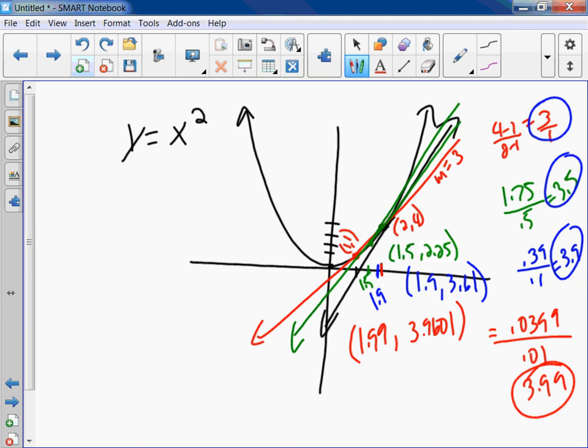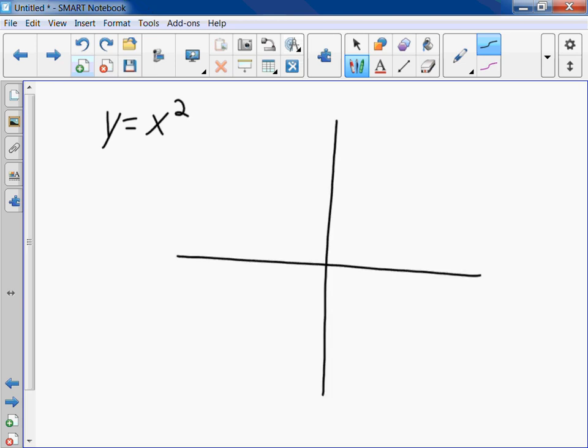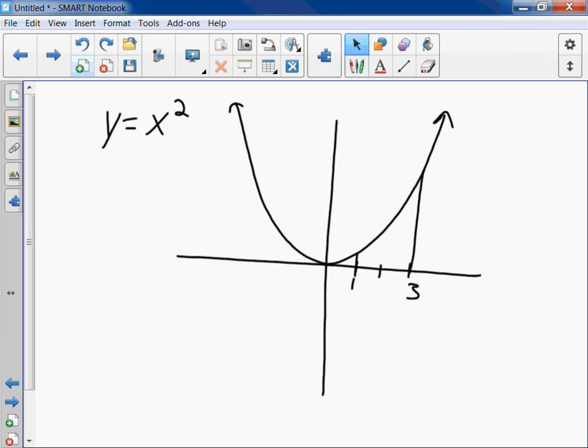Okay, let's say we have y equals x squared. What if I want to approximate the area from 1 to 3? And I want to split this up into 4 equal width rectangles.